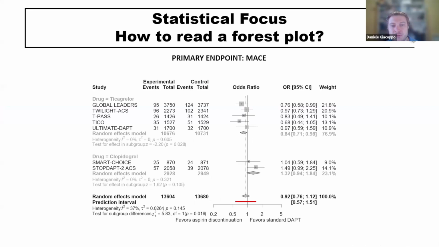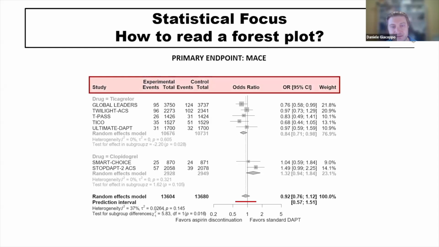Moving forward to the primary endpoint, how can we read this forest plot? The first plot is one of the typical plots that are included in a meta-analysis, and starting from the heading of the plot, we have the key information.